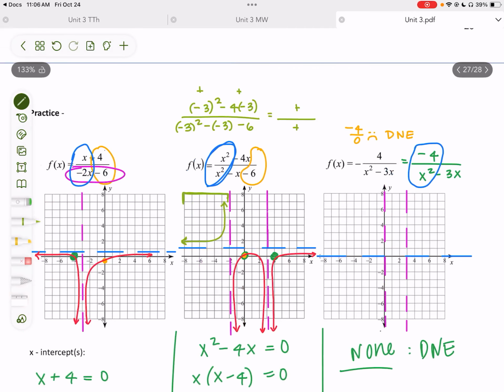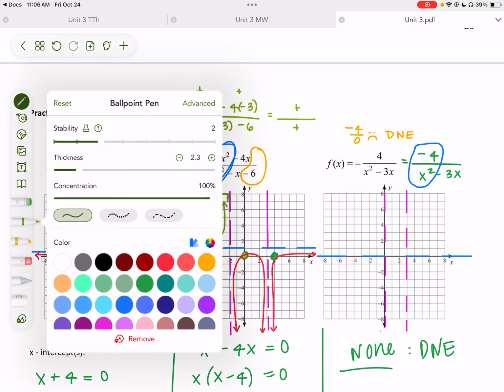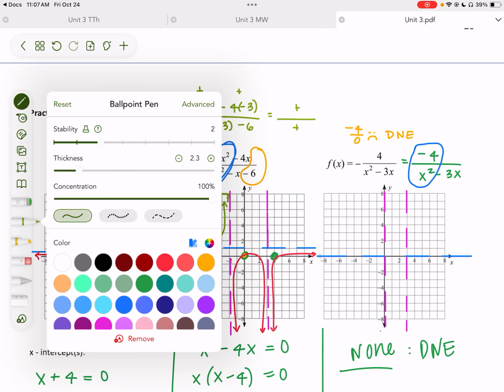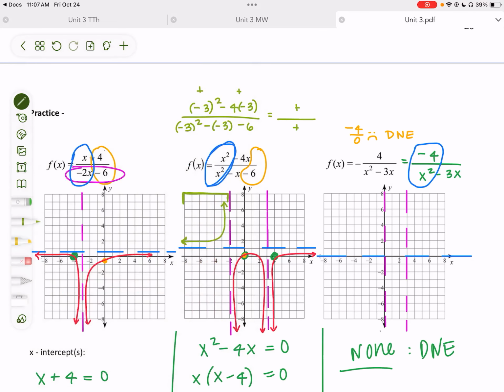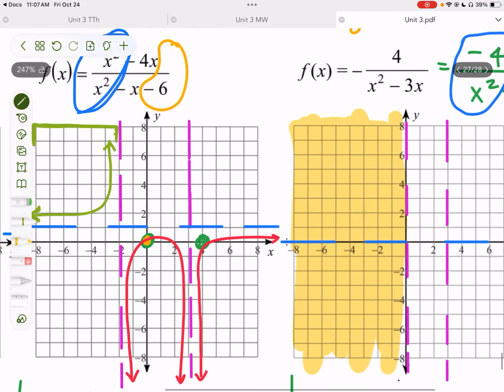Now, for the last one, we're in kind of a pickle, right? There's no points to kind of guide where we're going to go. So at this point, we just have to plug points in for every section. So let's start with the left side. Highlight that in yellow for now. We can erase it later. Okay. Let's plug in -1.